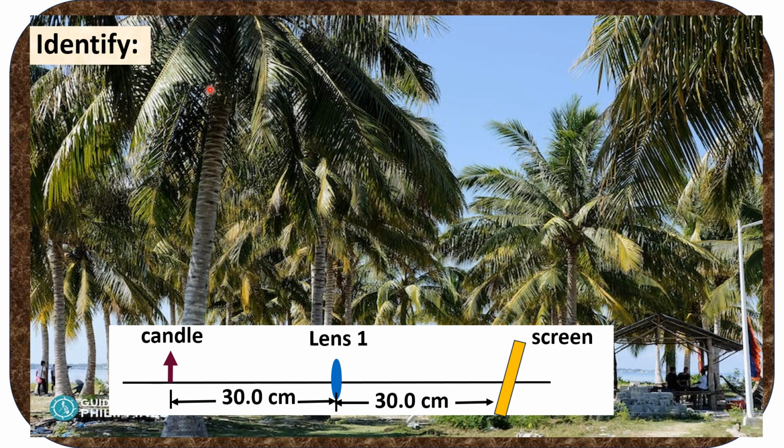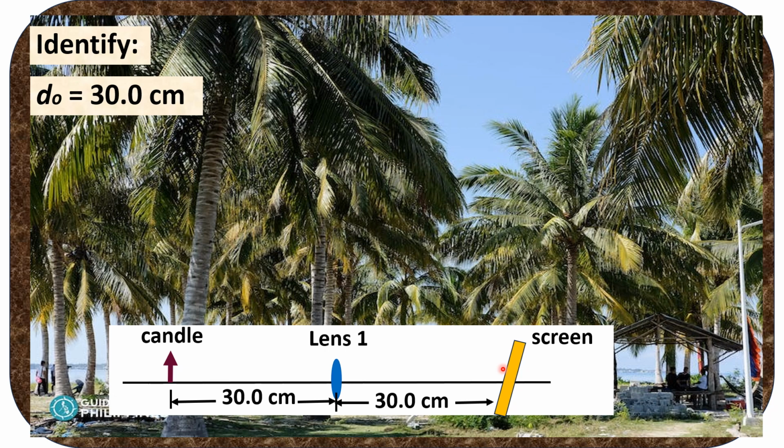For our initial solution, we are given the distance between the object and the converging lens, L sub 1, denoted here by d sub O, which is equal to 30.0 centimeters. The image is formed on the screen, 30.0 centimeters on the right side of the converging lens.